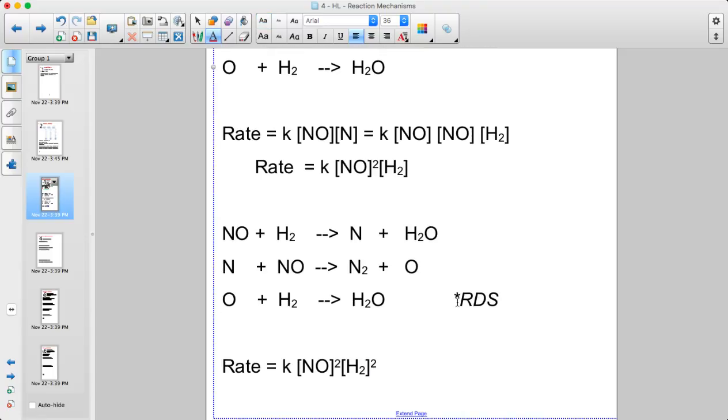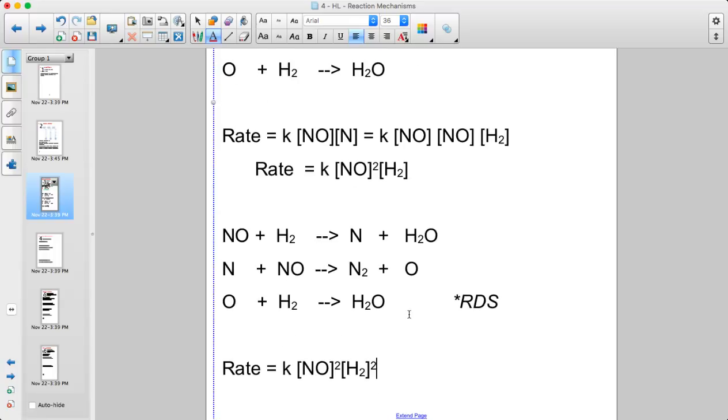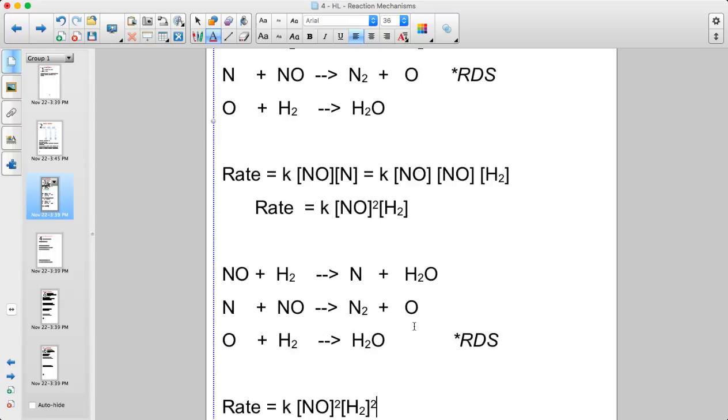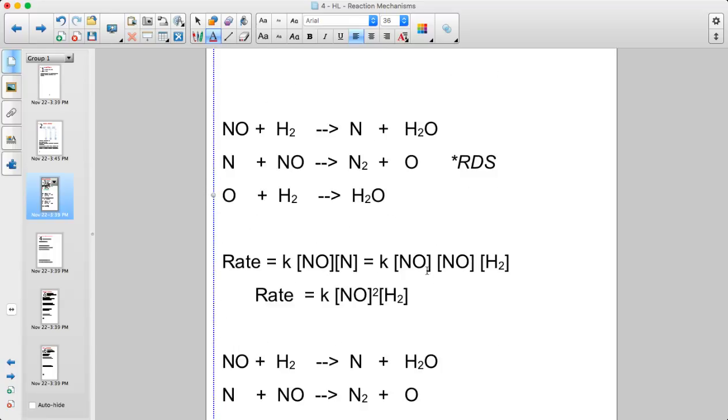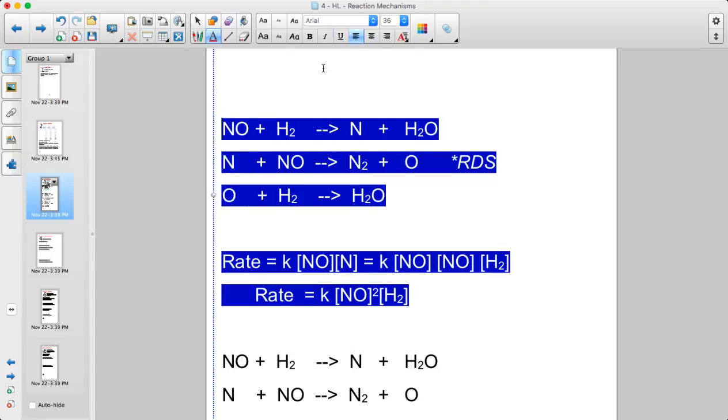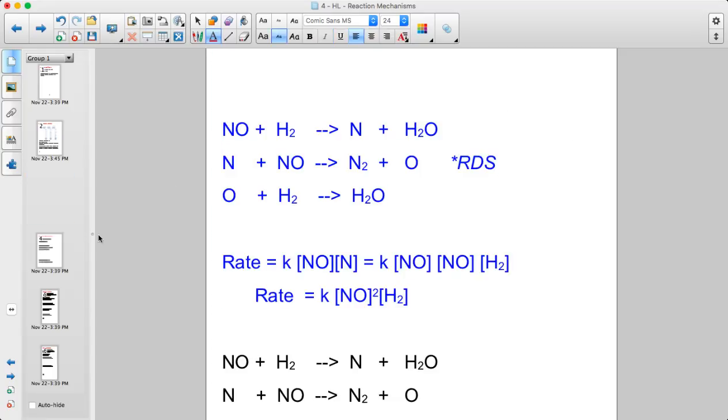And again, this does not match what was given to us in the question. So of these three choices that I showed, the middle mechanism, where the second step is the rate determining step, is the big winner. That's the one that actually matches the data.